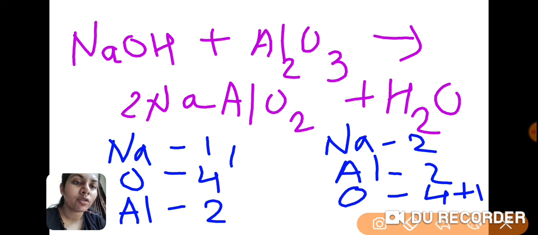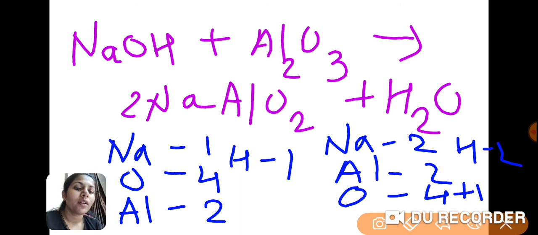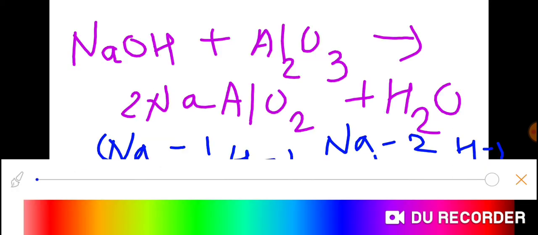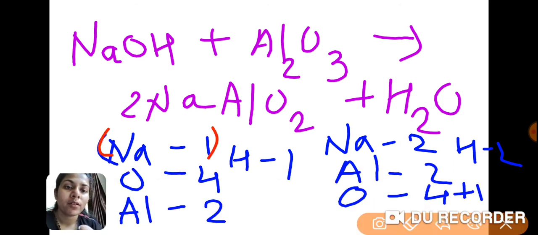And hydrogen, on the reactant side we have only 1 molecule, but on the product side we have 2 molecules. So first what we will do, we need 2 molecules of Na here, but here it is 1 molecule of Na on the reactant side, so we will multiply this by 2. So on the reactant side and the product side, we got 2 molecules of Na. So we will write here on the reactant side 2 molecules of Na.